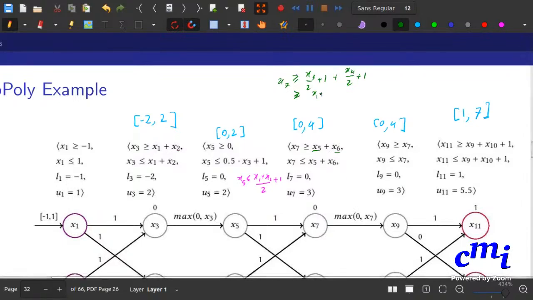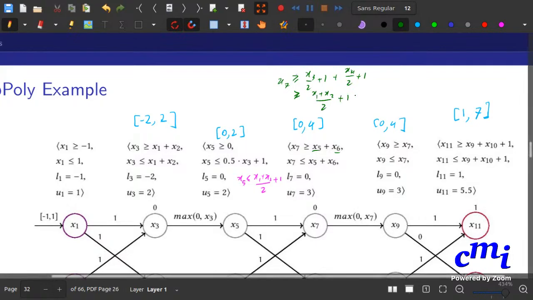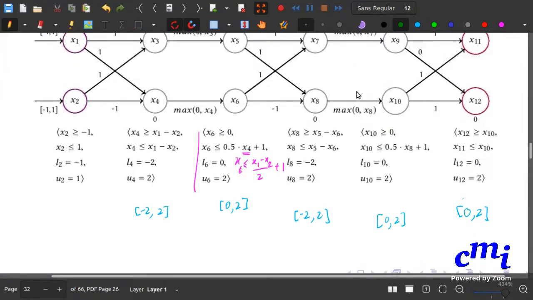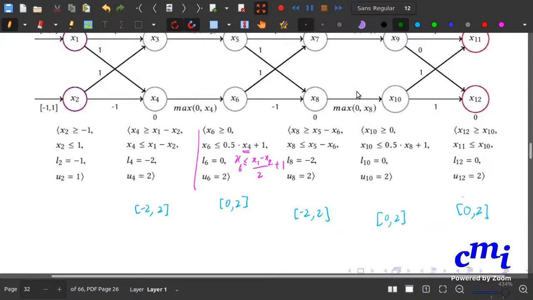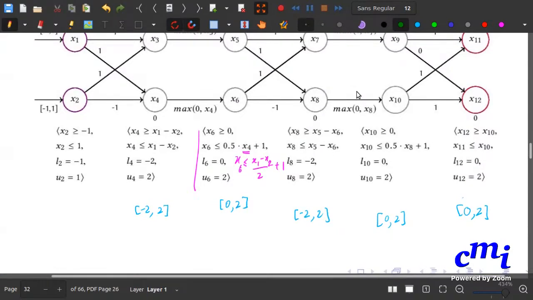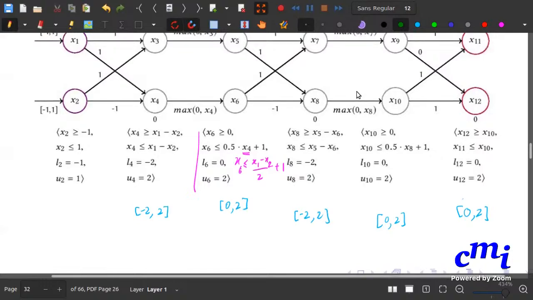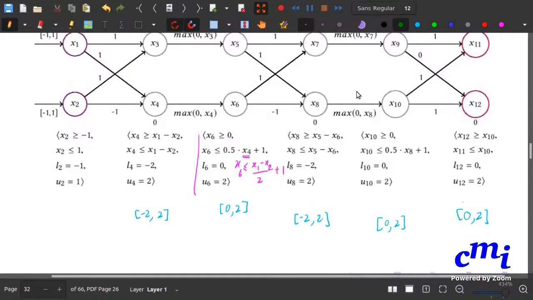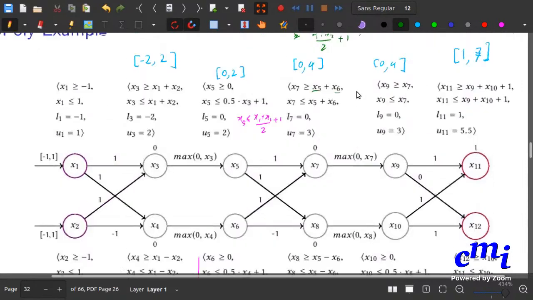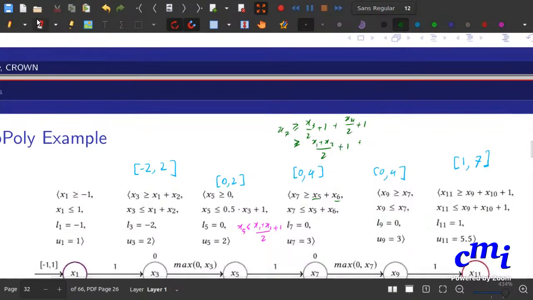So we get x1 plus x2 by 2 plus 1 plus, again, x4 is x1 minus x2 by 2. Let me scroll down and make sure that I'm getting this correctly. x4 is x1 minus x2, and x6 is x4 by 2 plus 1. Oh, okay, sorry.